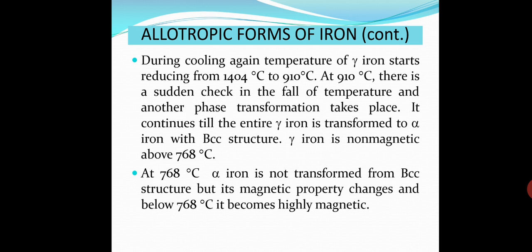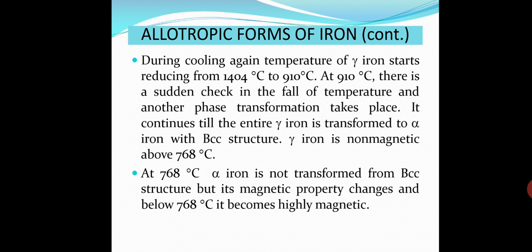At 1539 degrees, delta iron occurs. At 1404 degrees centigrade, gamma iron occurs. And at 910 degrees centigrade, alpha iron occurs. This alpha iron is of BCC structure.